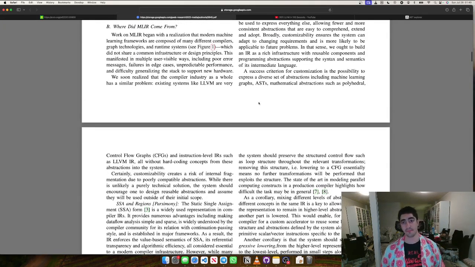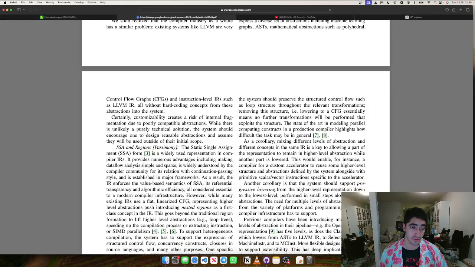decisions better. A success criterion for customizability is the possibility to express a diverse set of abstractions, including machine learning graphs, ASTs, mathematical abstractions such as polyhedral, control flow graphs, and instruction level IRs such as LLVM IR, all without hard-coding concepts from these abstractions into the system.